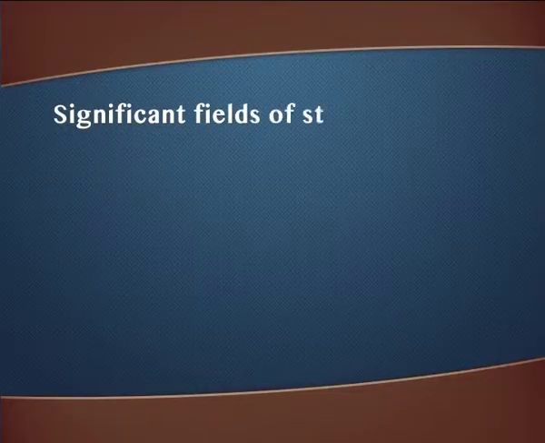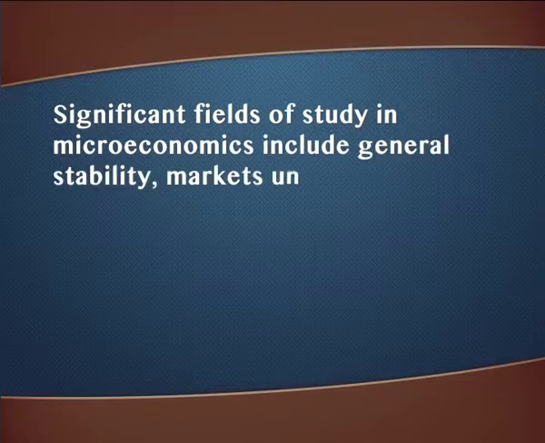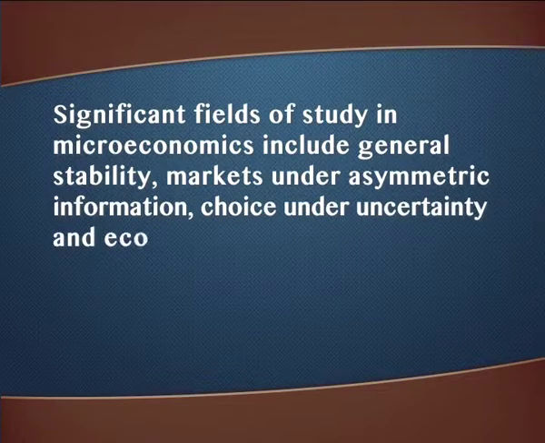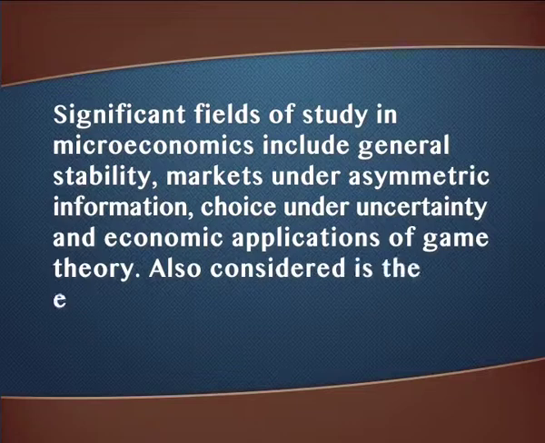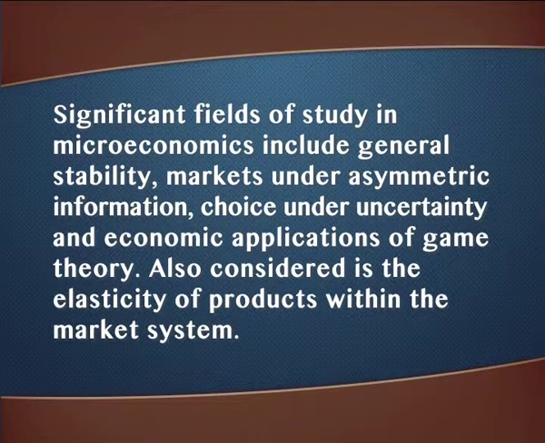Significant fields of study in microeconomics include general equilibrium, markets under asymmetric information, choice under uncertainty and economic applications of game theory. Also considered is the elasticity of products within the market system.